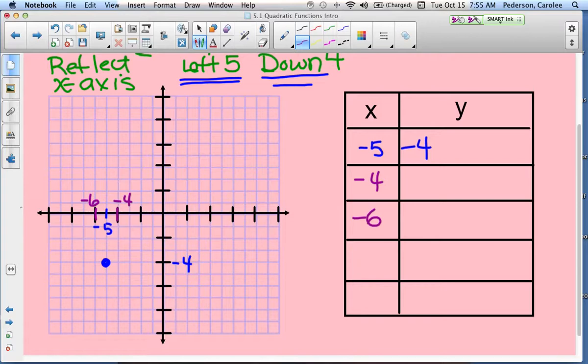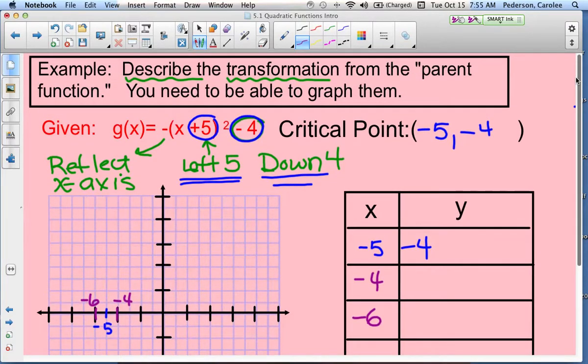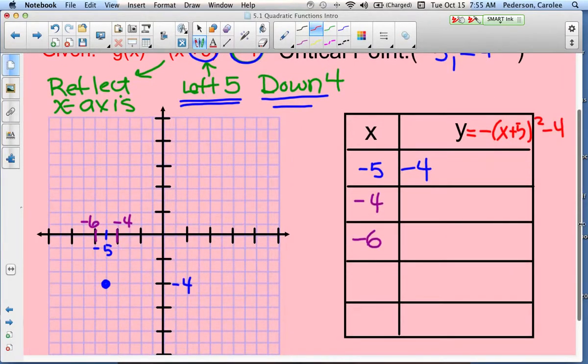And to find out what those ordered pairs are, we evaluate the original function in the red here. So my function is y equals negative x plus 5 squared minus 4. So negative x is negative 4 plus 5 squared minus 4.